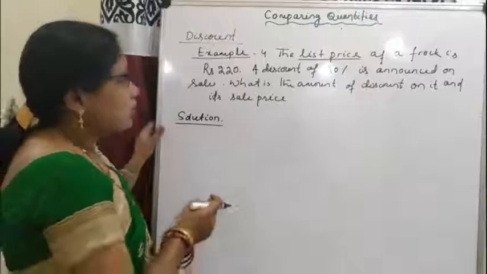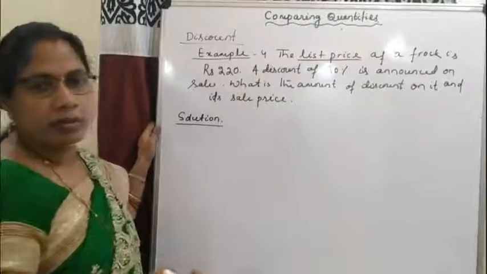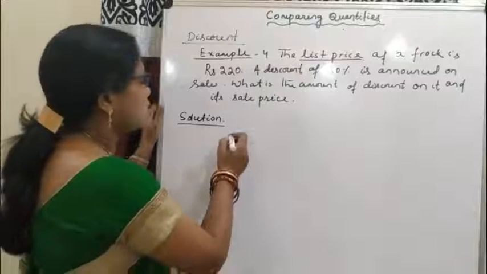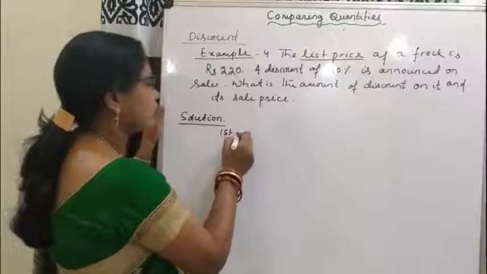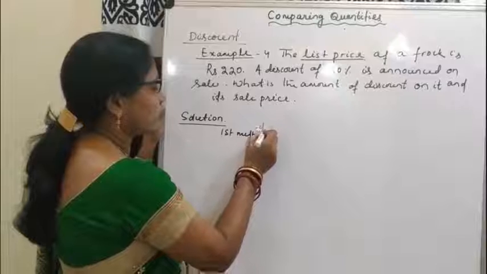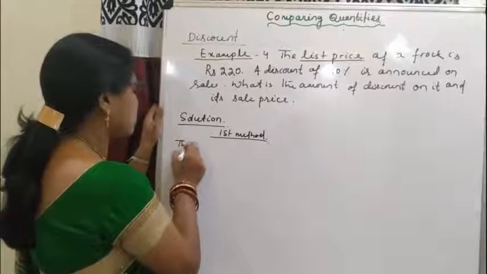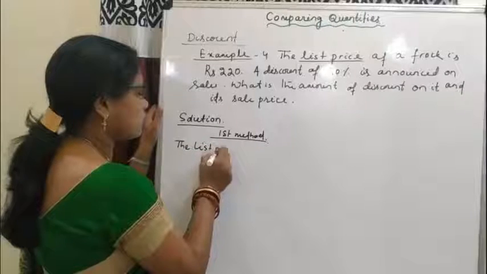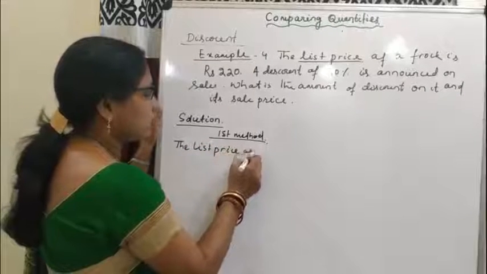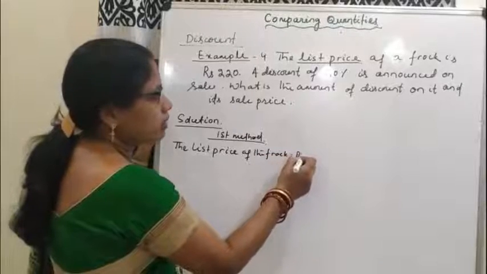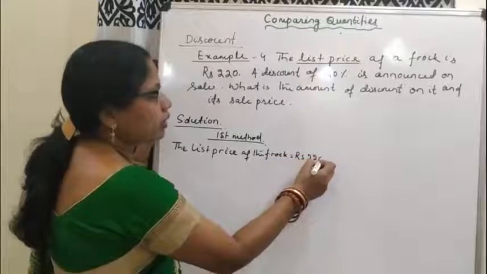We will solve this problem by applying two methods. First method: the list price of the frock is rupees 220.